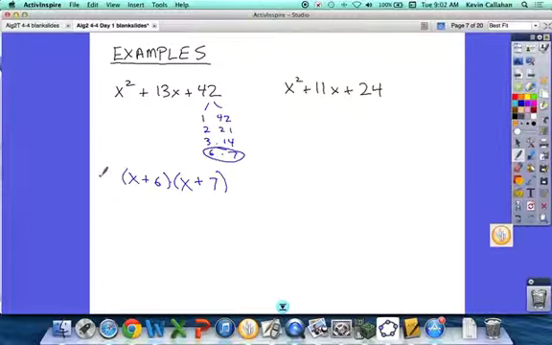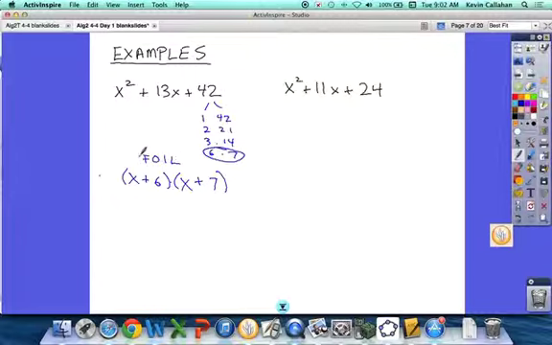Do you remember the process to multiply two things times two things? Everybody remember FOIL? F-O-I-L, right? If you want to multiply these together, you remember what the letters stand for? First, outer, inner, last.